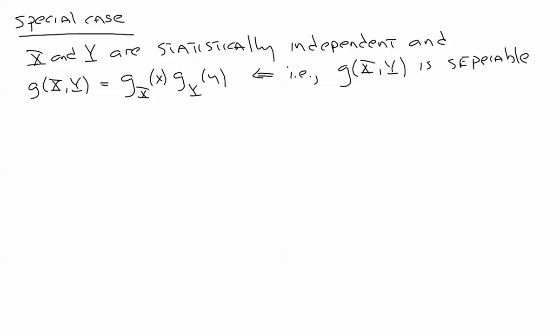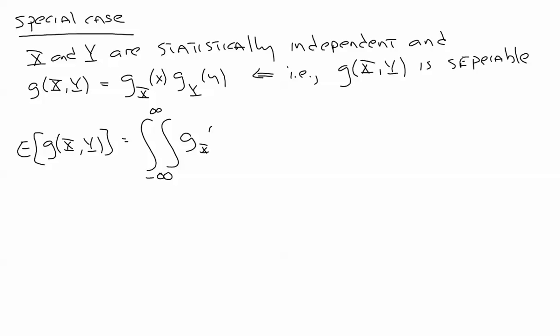Well then, the expected value of the function is just my double integral of g_x of x times g_y of y times, remember, if my random variables x and y are statistically independent, then the joint probability density function is just the product of marginal PDFs.